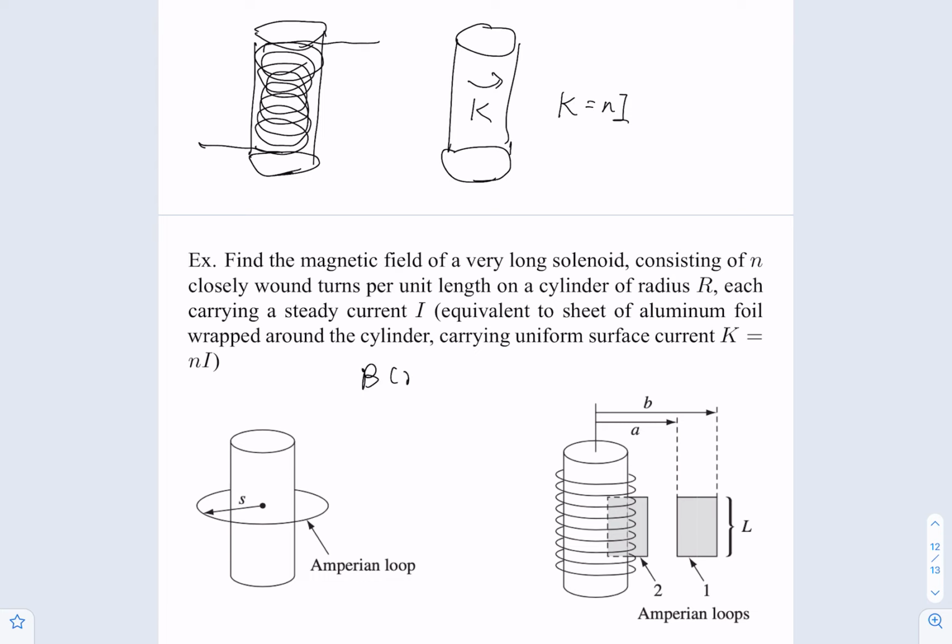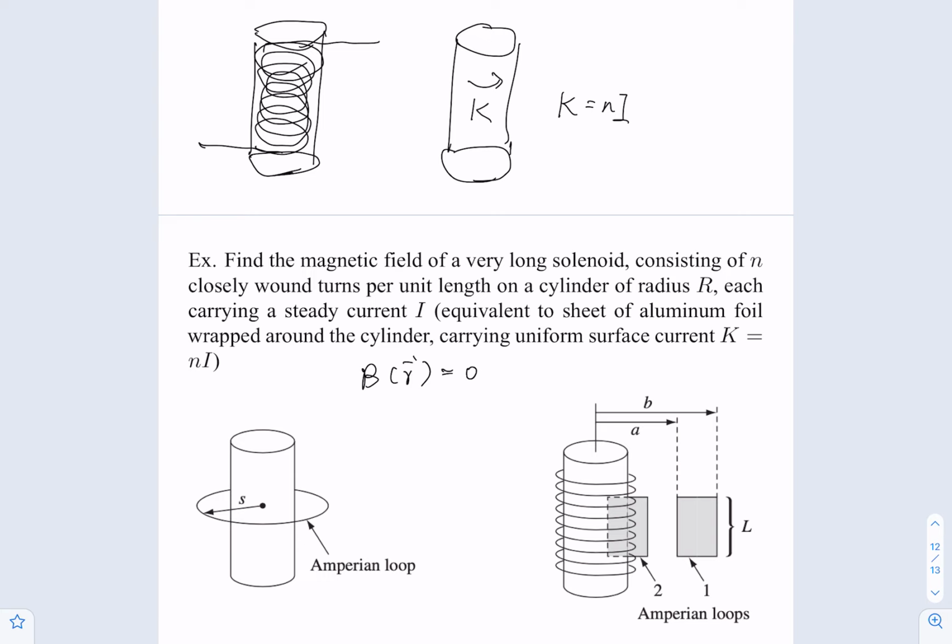So the B along the radial direction should be 0, because say that there is some radial magnetic field, and then if you flip the sign of the current, in principle the B radial should also flip, right?